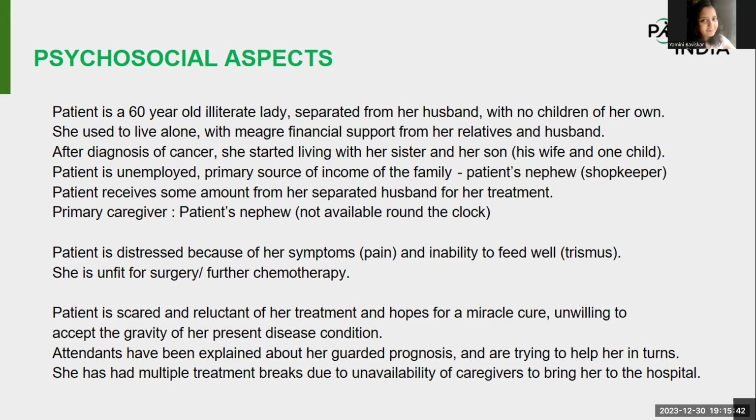So she has not been fully made aware of her prognosis, but the attendants have been explained about her guarded prognosis, and they are trying to help her in turns, which causes multiple treatment breaks due to unavailability of caregivers to bring her to the hospital. Next slide.